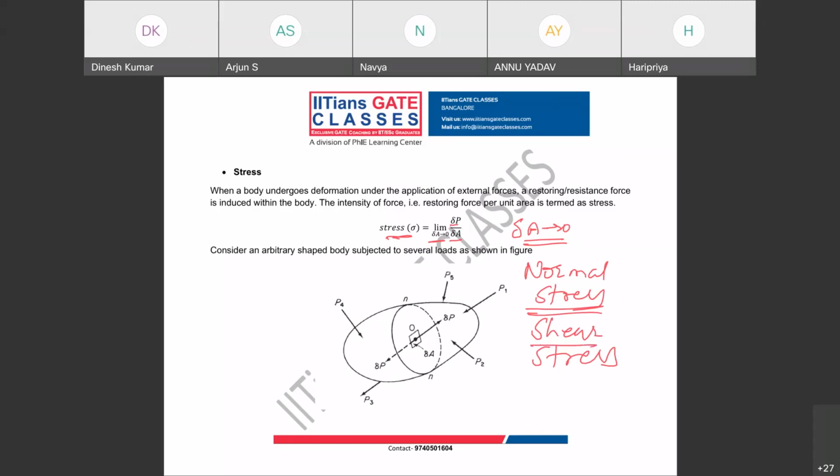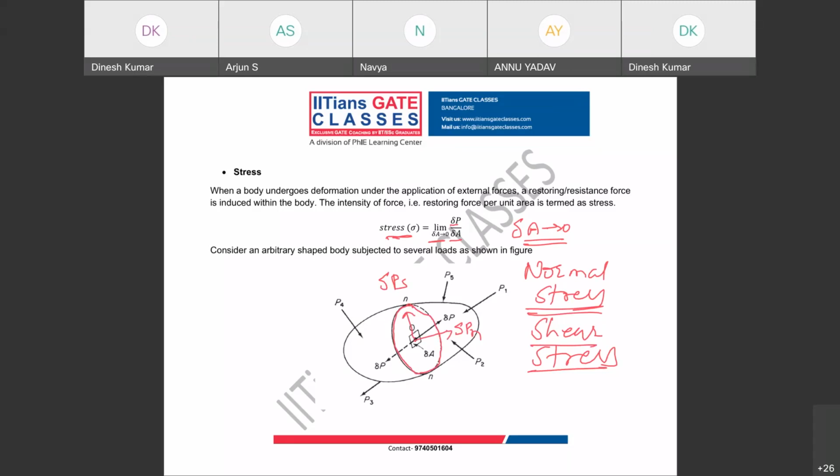If you take a plane, this plane will have two components. One will be the normal component of force on it, suppose delta Pn, and there will be another component which will be the shearing component, delta Ps.